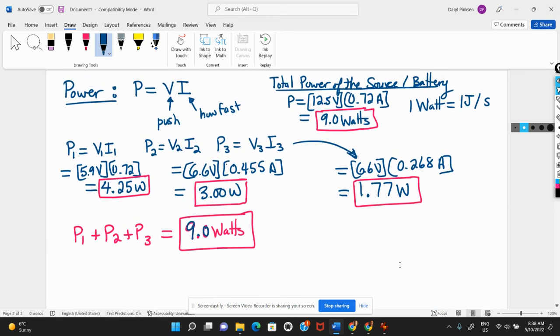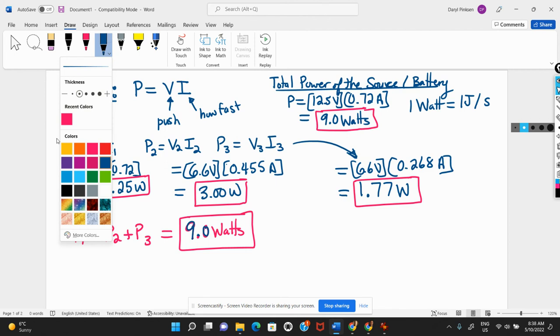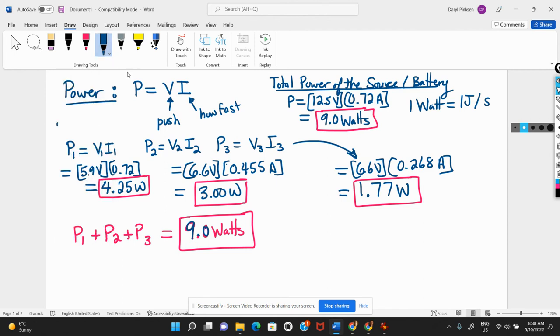And now we can check the power of the source and the power of each resistor in the circuit, right? So there's P1, that's the power of R1. I probably should have written this in here. So there's the R1 power, and this is like the R2 power, and there's the R3 power, like so.